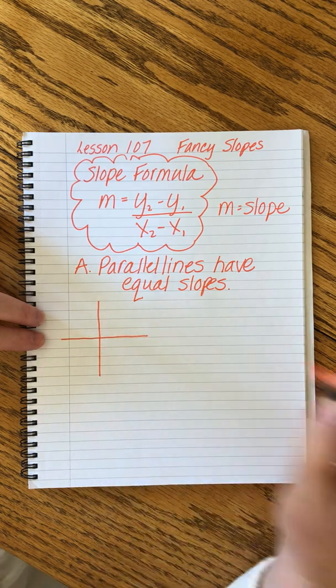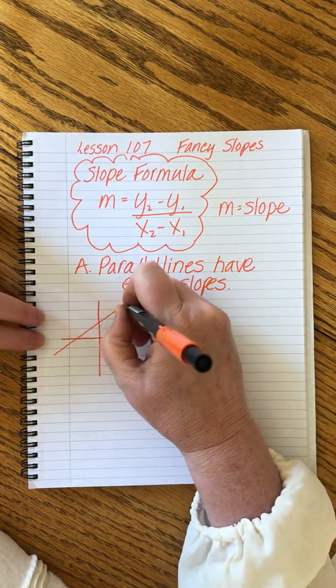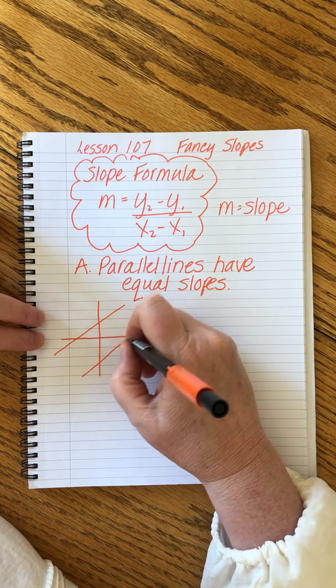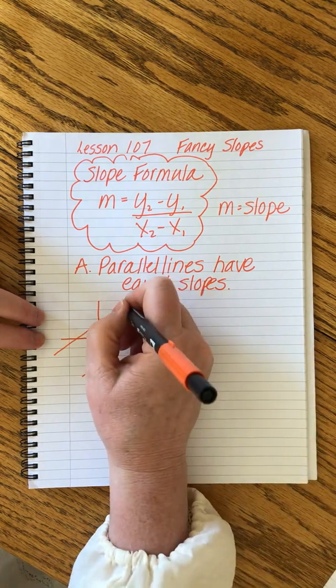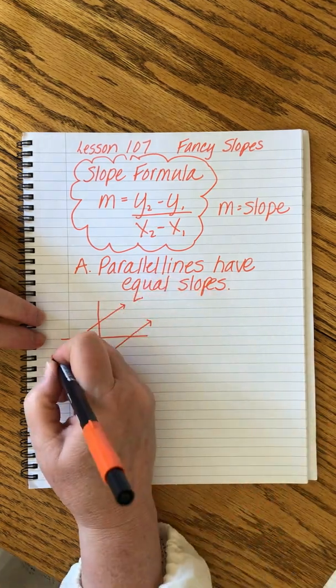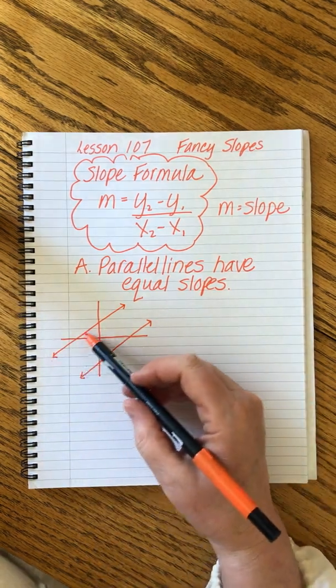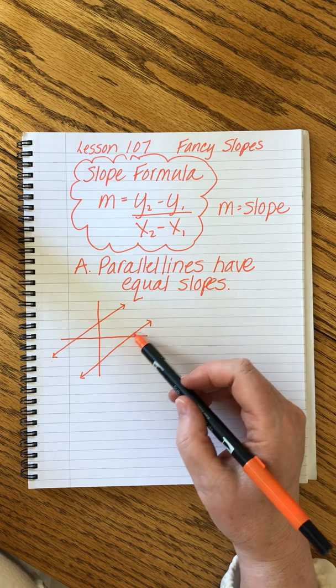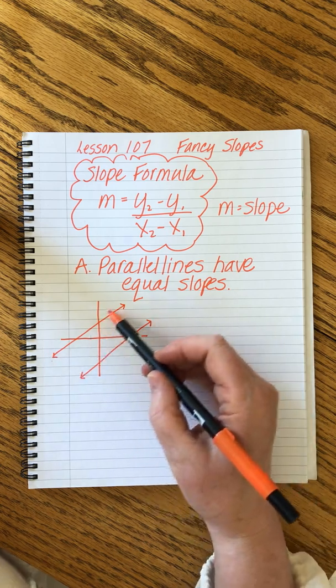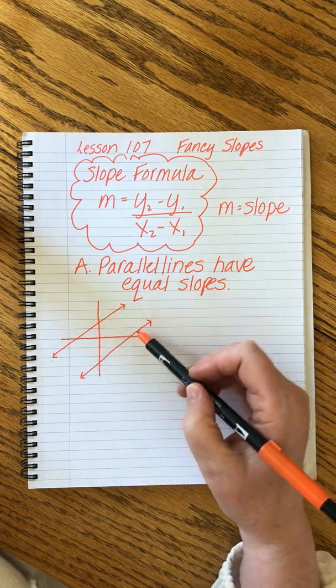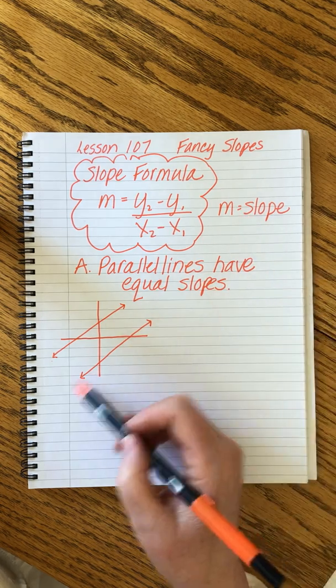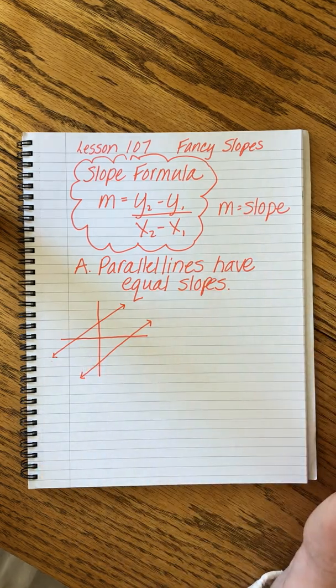We're just going to draw some parallel lines. We can see just by looking at this that these 2 lines are running, pretend it's perfect, at the same angle, and they will continue to do so to infinity in either direction.